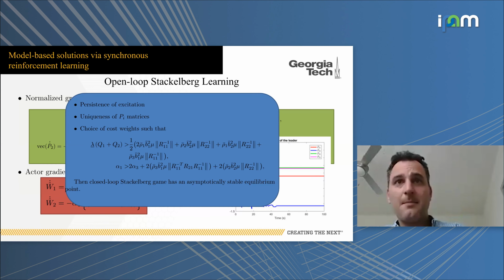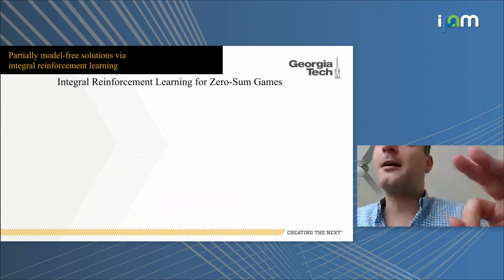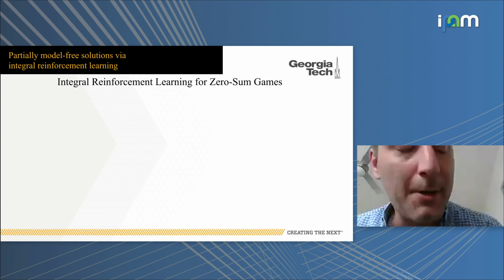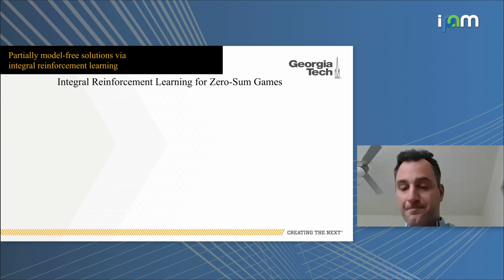Up to now, and before I end my talk, I told you about all these techniques, but they all require knowledge of the system dynamics, f of x, g of x, k of x, and so on. So with Frank Lewis, we developed something that we termed integral reinforcement learning.